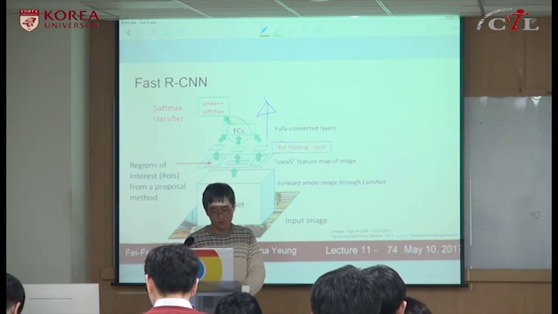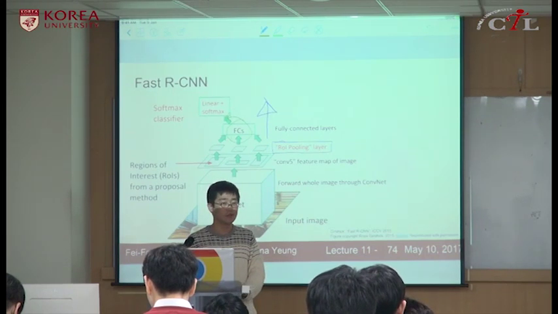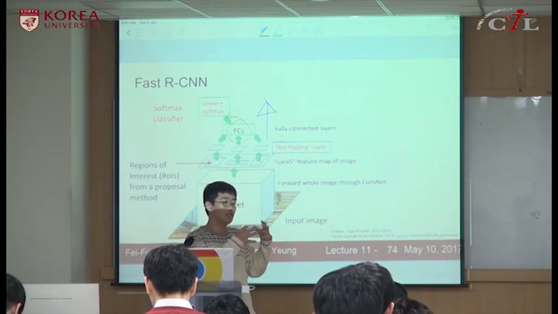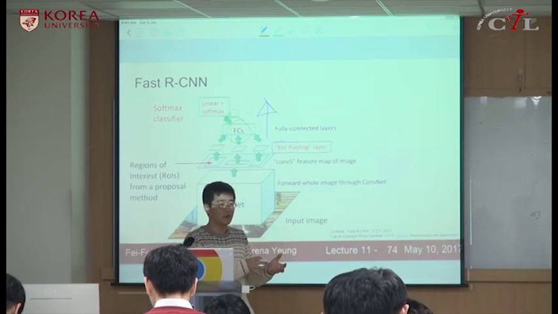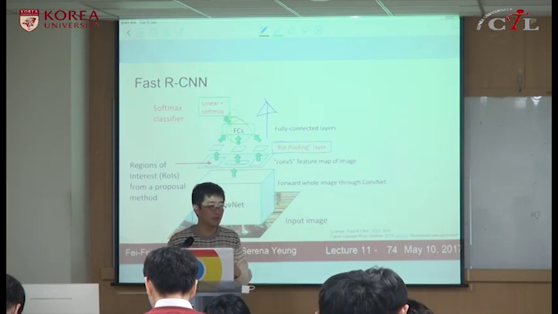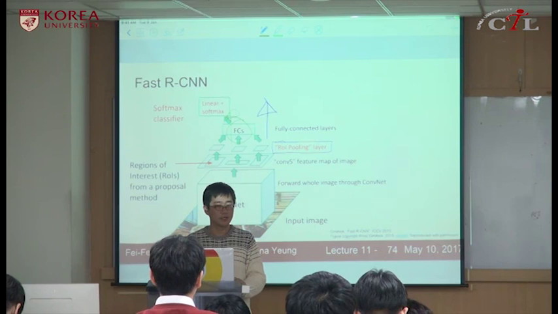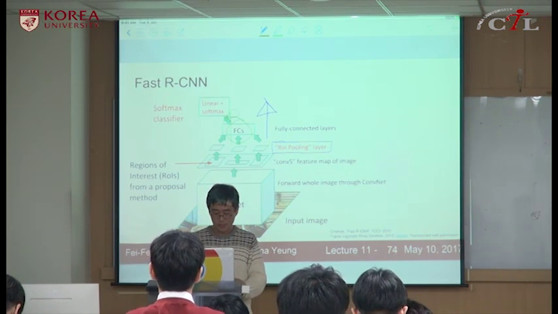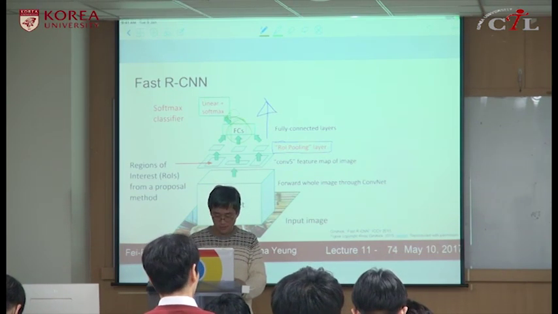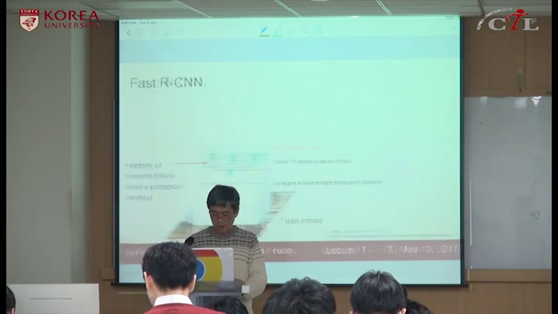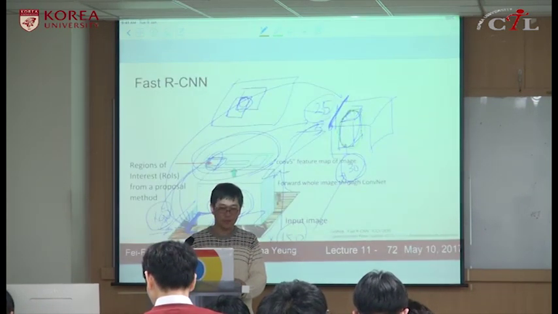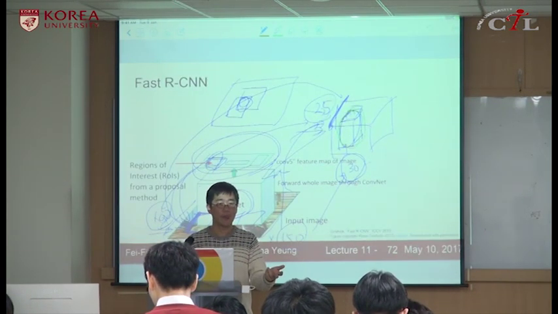And then now it's time to perform our classification, whether it is a particular category or not, and also what is the exact bounding box, right? So in that fully connected layer, how do we give this cropped activation map as an input?